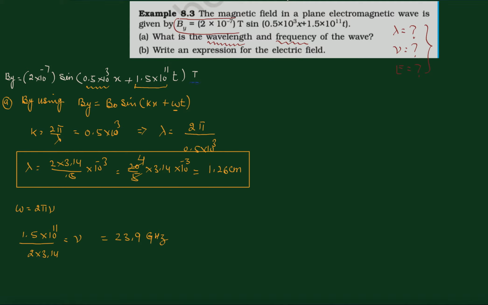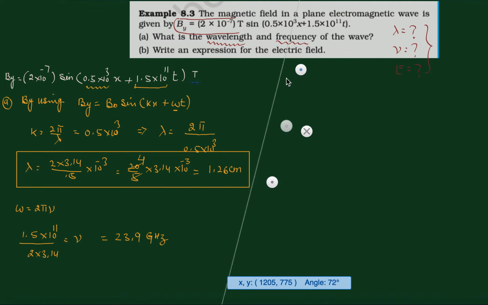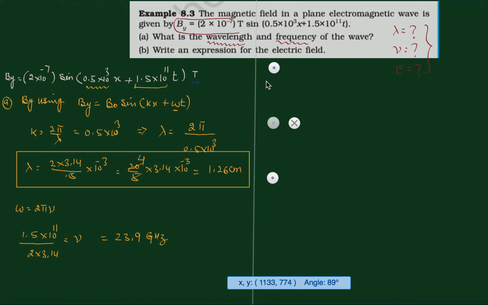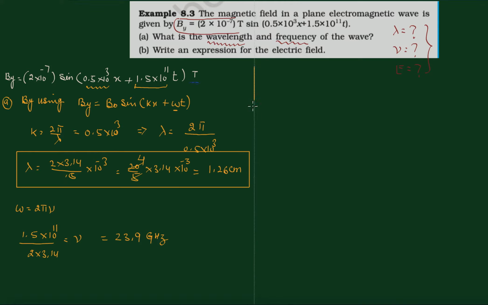And then another part of the question is, we'll try to finish this problem in one page. So now you are asked to find the electric field. Before finding the electric field, which is part B, we need to find E0. So we know that E0 is equal to C into B0.